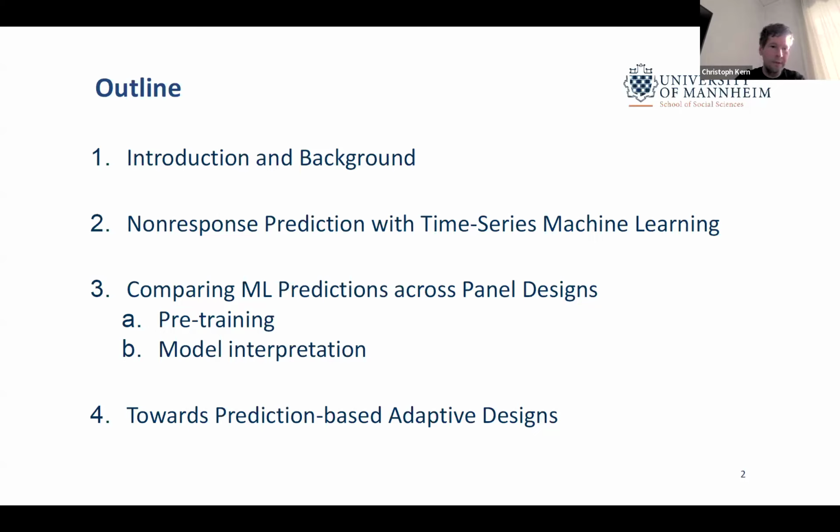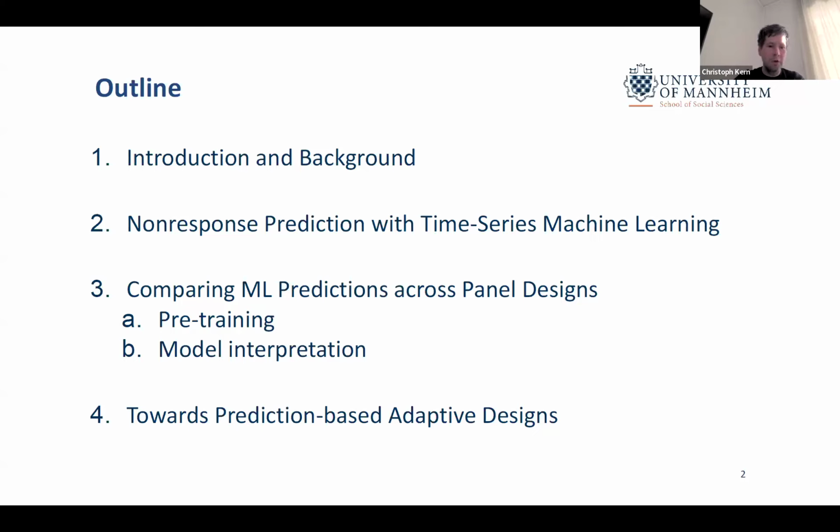This also will bring us to the topic of pre-training, which I think is a quite exciting idea. Broadly speaking, the idea is to train a model, a non-response model, with data from a survey that is different to the survey that you want to essentially use for deploying your model and for making predictions.